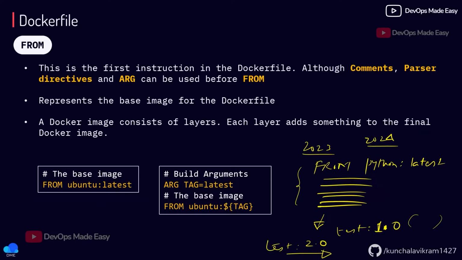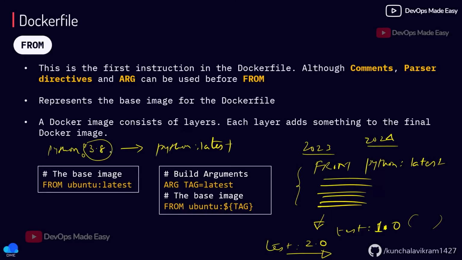Version, yes. Python latest means, let's say in 2023, Python's version is Python 3.8. When they push Python 3.8, and it is the current version, they also retag it with latest as the tag, which means latest and 3.8 are the same. The reason they use the latest tag is so that when people use latest, it will download the latest version, and they don't have to go to the registry and check which is the latest one.